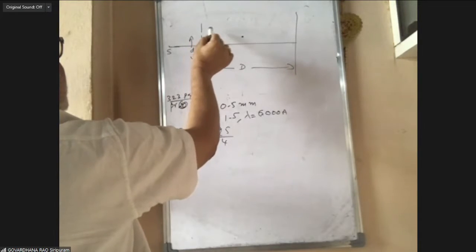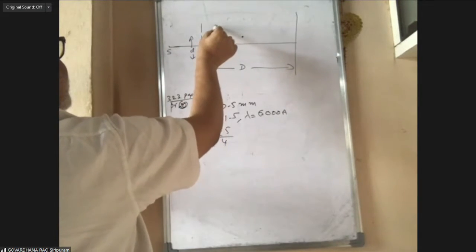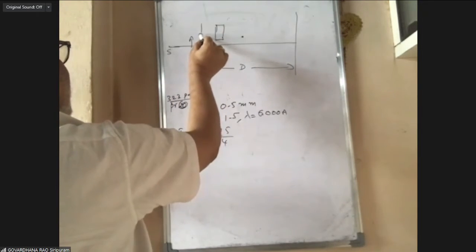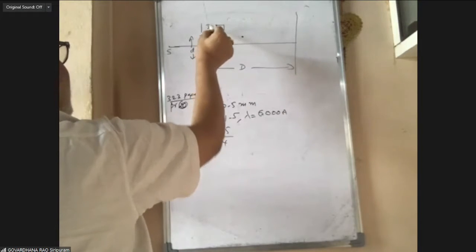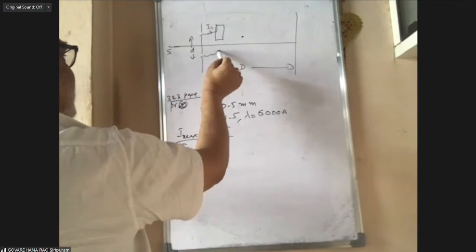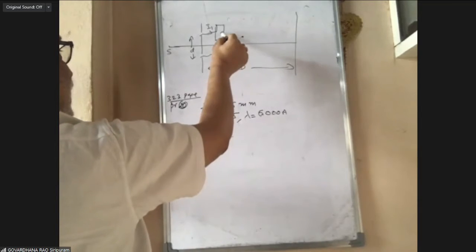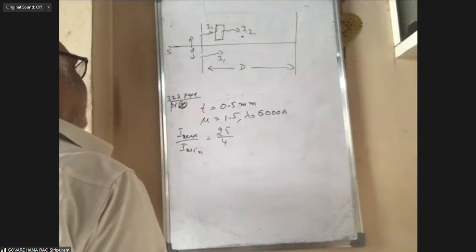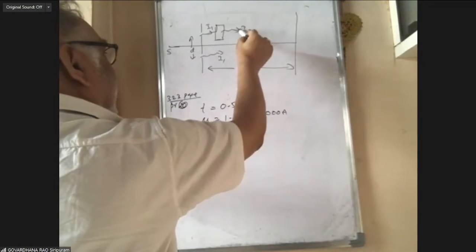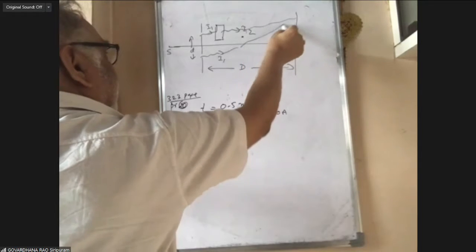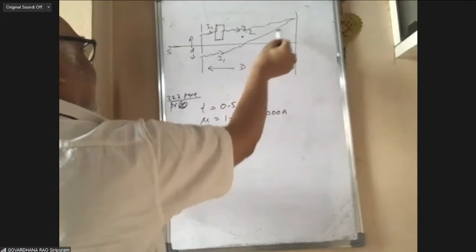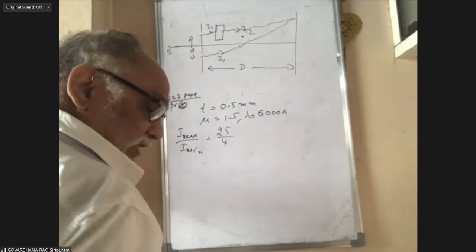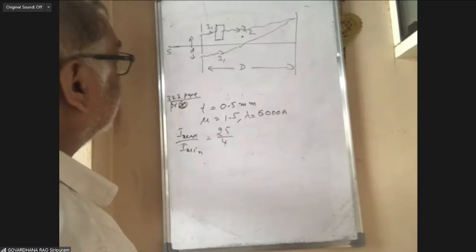In front of one of the slits, you are placing a mica sheet. The light incident on this is I1. Light coming from the other slit is also I1, but light coming through this sheet is I2. So this I2 and this I1 both interfere and form an interference pattern on the screen. I maxima to I minima is this. What is I1 by I2 is asked.